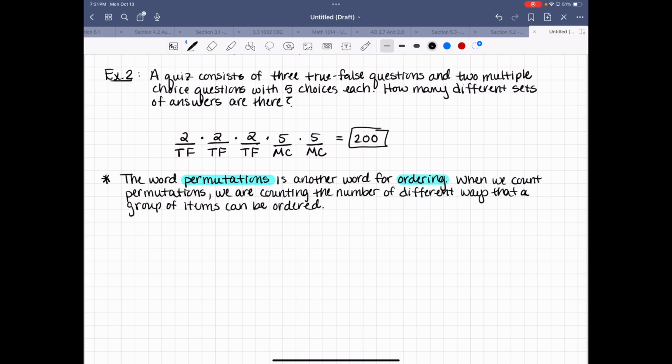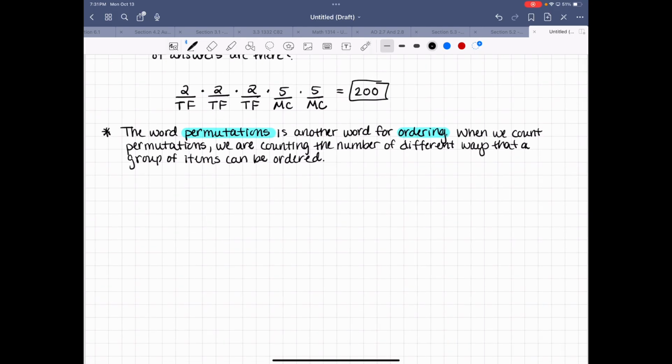Okay? The most important part of that definition is the word ordering. Permutations is another word for ordering. Okay? In example 3, you'll see what I mean.